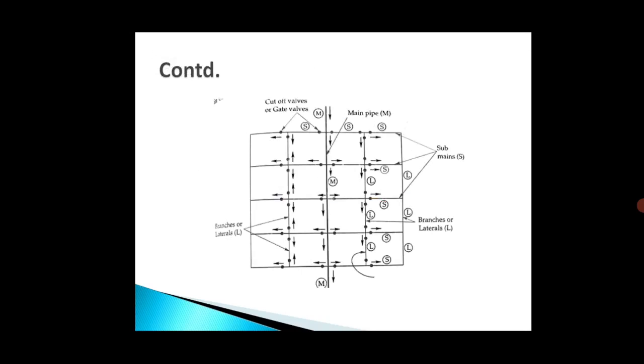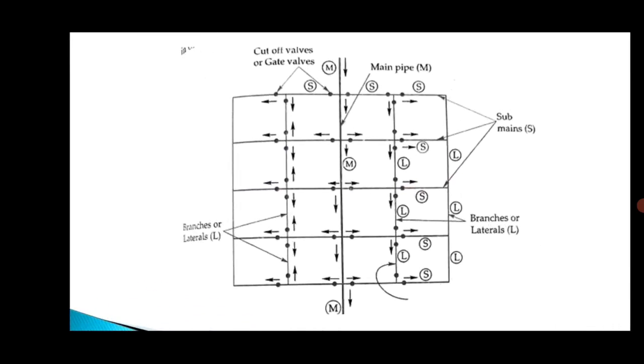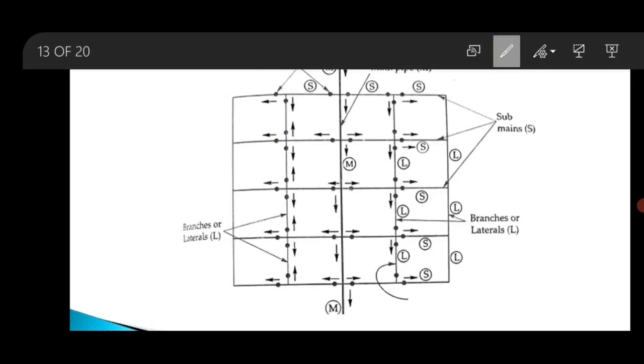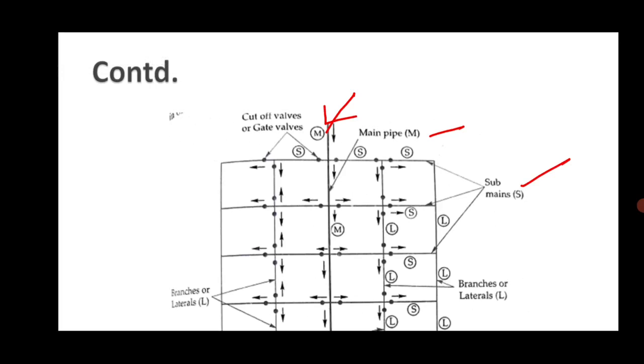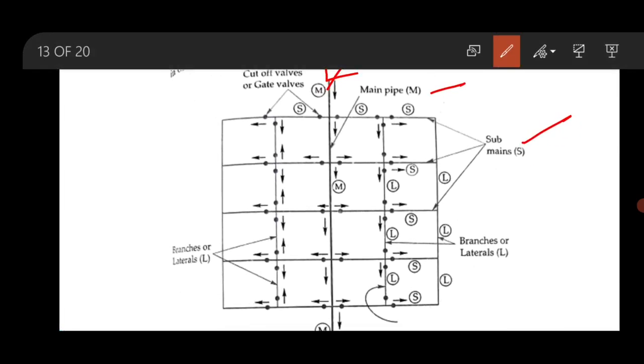See here, this is the image of the diagram of the grid iron system. This one is the main pipeline, from where the submains are connected, and from the submains, these are the laterals.